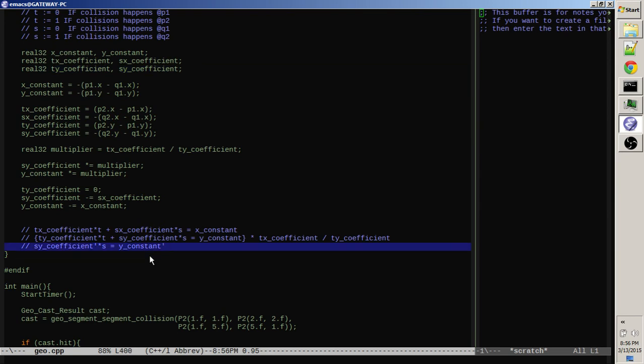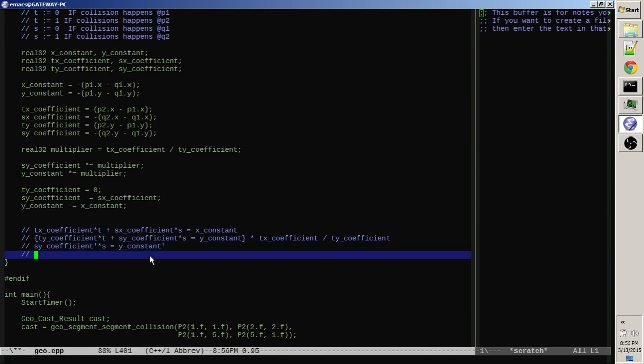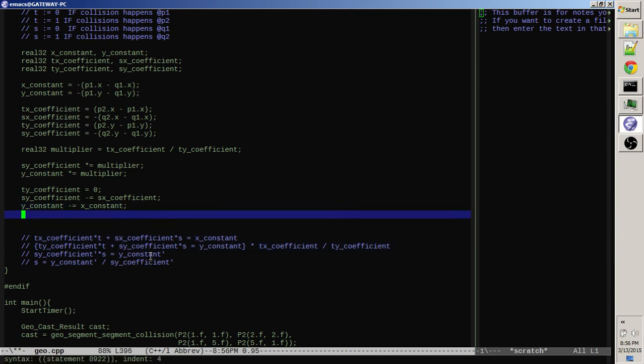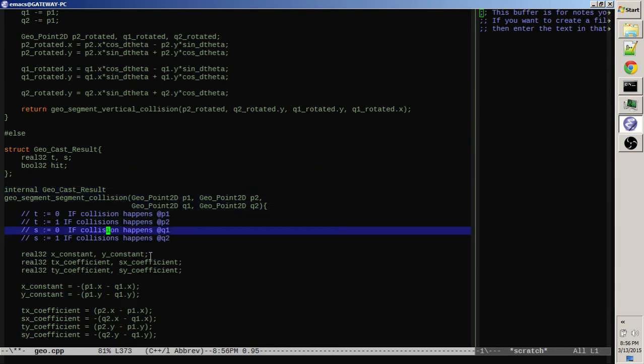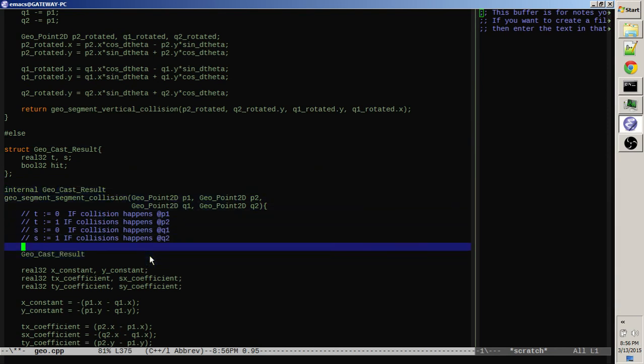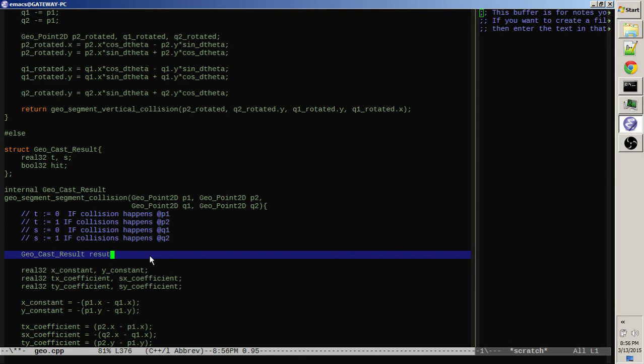Now, how do we solve for s? That's the easiest part. We just divide y constant prime by sy coefficient prime. Right, so now we have an answer for the first thing we needed an answer to. So let's wrap this up by just going boom here, boom, result.